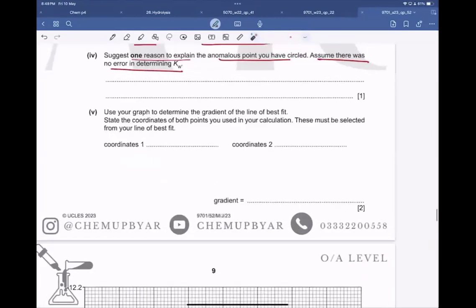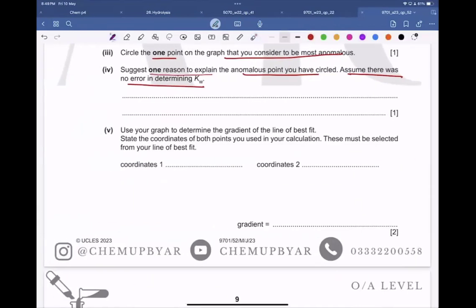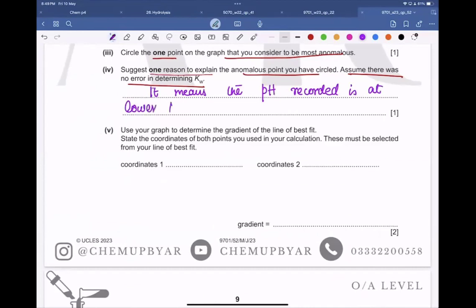So over here I will write that it means the pH recorded is at lower temperature than 343 Kelvin.